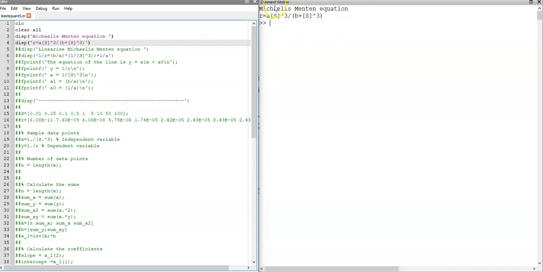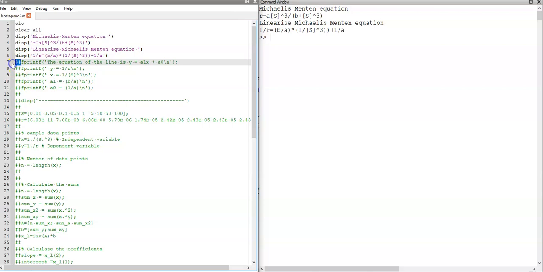We can see that the Michaelis Menten equation is R equal to a s cube by b plus s to the power cube. Then we have to do the linearization. I'm putting all this as comments here so it can be easily seen in the MATLAB command window. So linearization of the Michaelis Menten equation is 1 by r equal to b by a into 1 by s cube plus 1 by a.